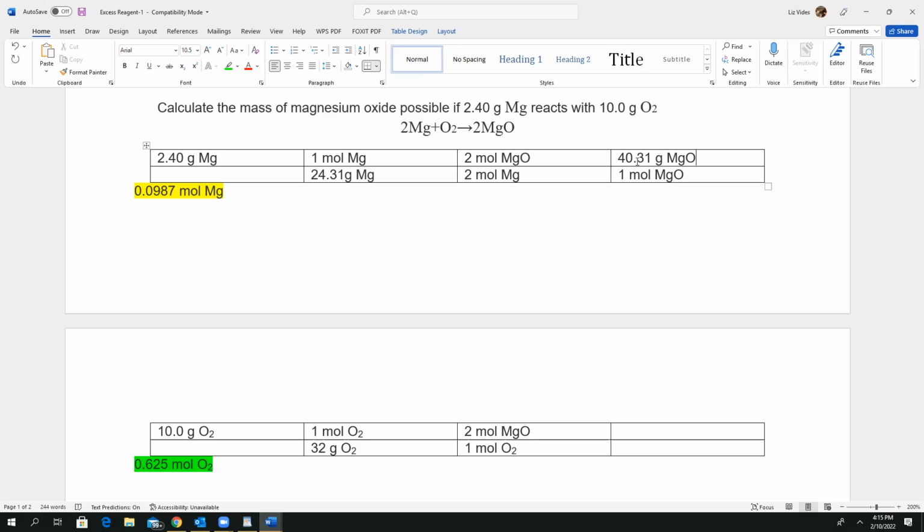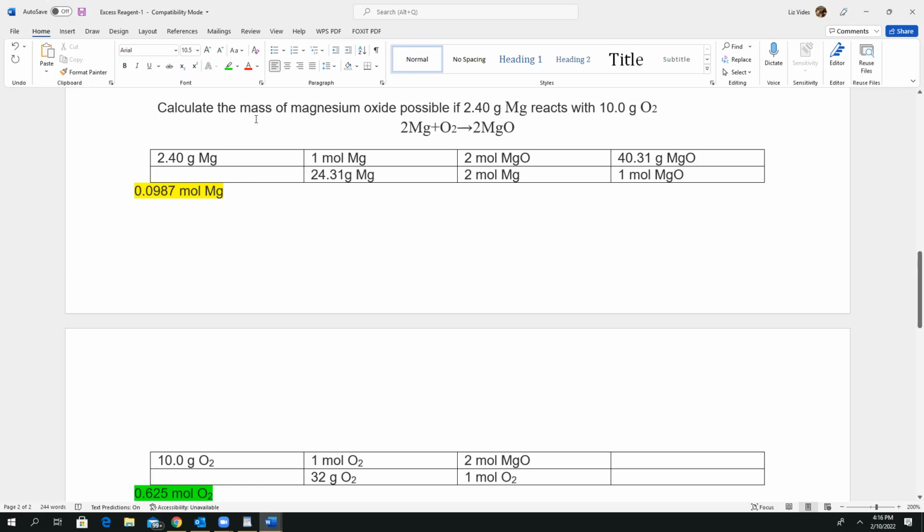So now we can just click and multiply what we got, which was 0.0987, times 40.31. And we get the answer, which is 3.978. So you're going to actually make 3.978 grams of MgO. Okay, right? That's how much we're going to make.